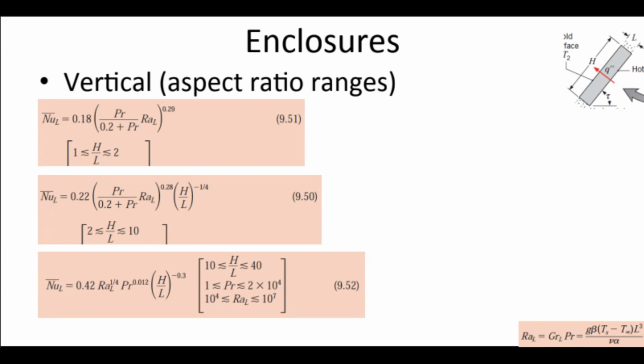H would be how high the window is, and L is how thick, right? And here you go. Guess what? The Rayleigh to the something, right? And the something is 0.29, that is so close to 0.3, right? And you could calculate it. But the fun thing of windows, no, you don't, right? It's just conduction.